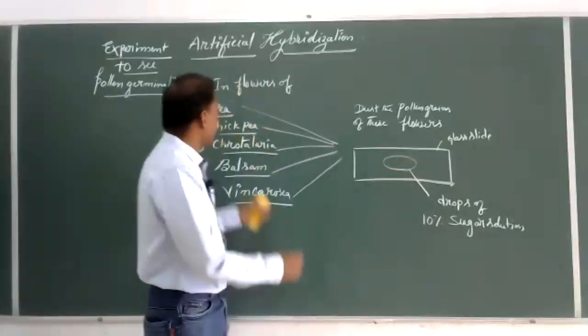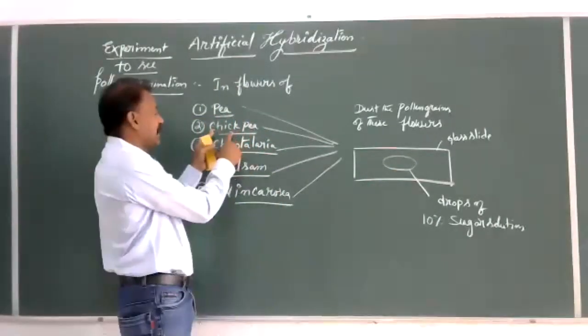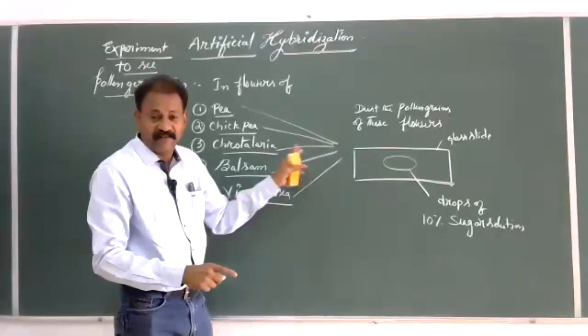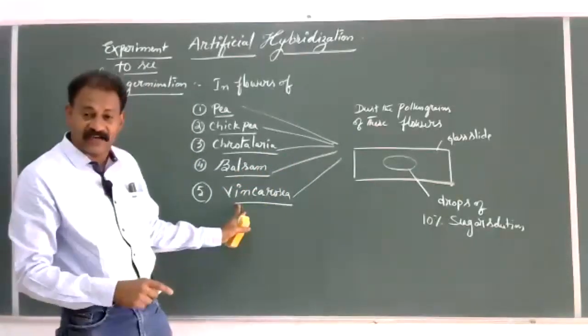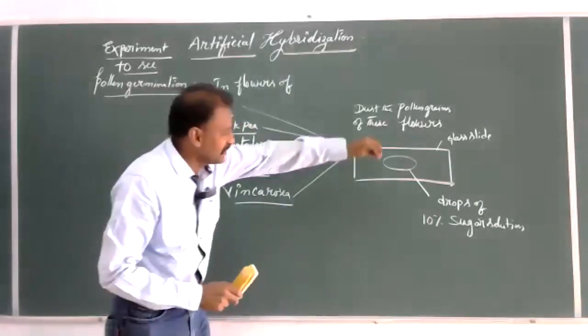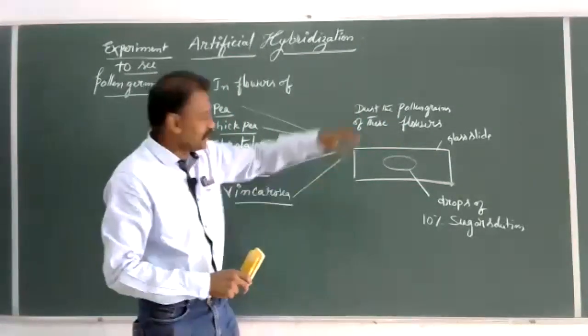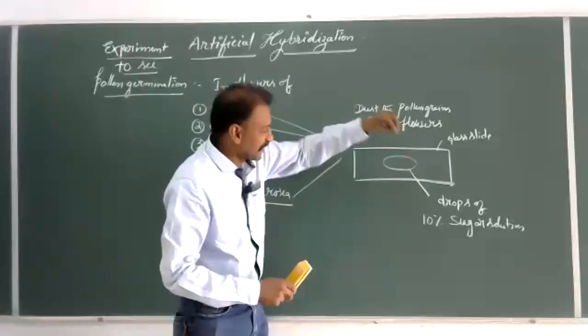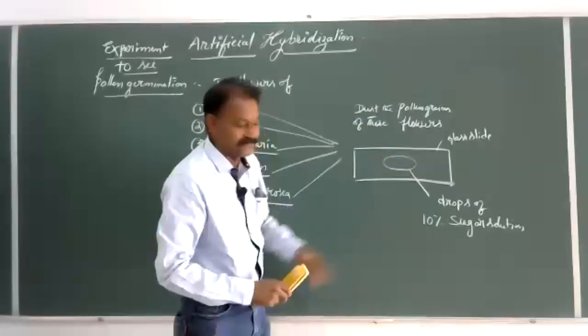On this, take the flower of pea or chickpea or Crotalaria or balsam plant or Vinca rosea plant and dust the pollen grains on the slide. When you dust, sprinkle the pollen grains on this.